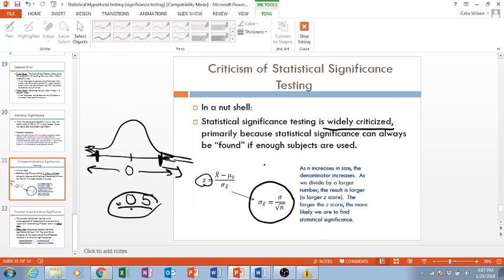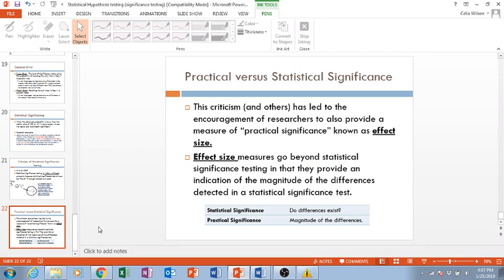And then we're going to learn some pieces to add to statistical significance testing to supplement it or to add more practical significance, if you want to think of it that way. We want to be aware of this criticism, but this is where we're going to start and we're going to add to it. The next slide talks about that.